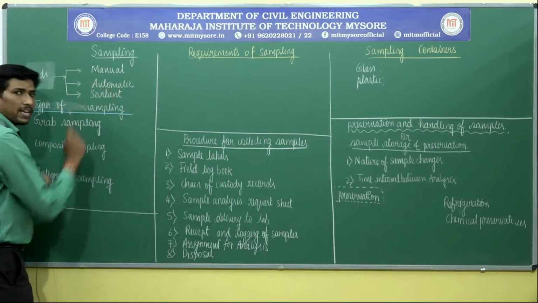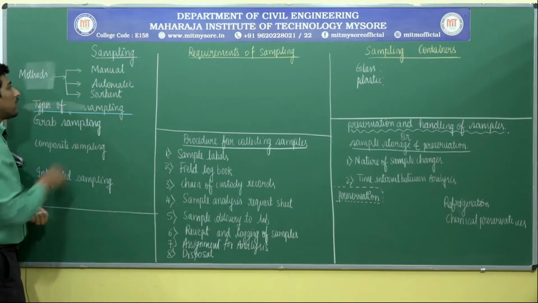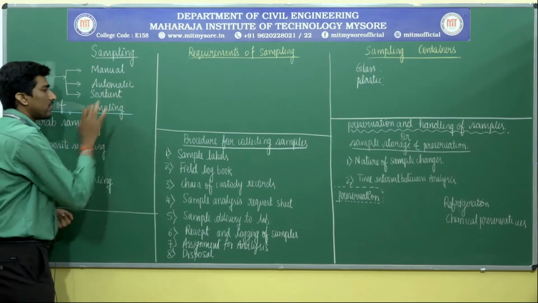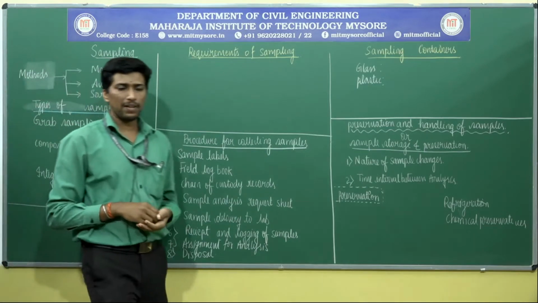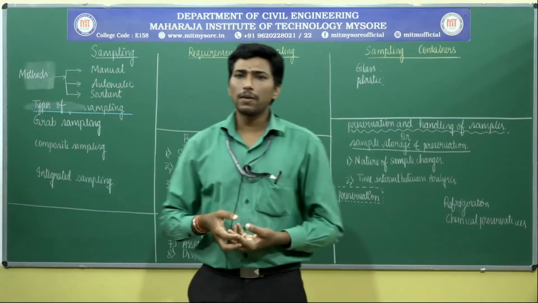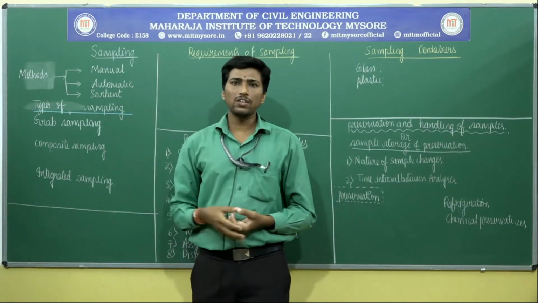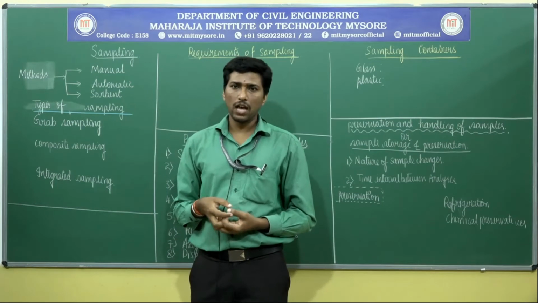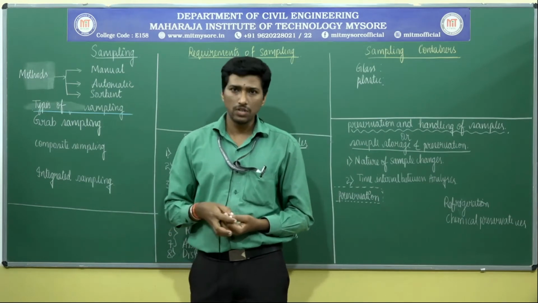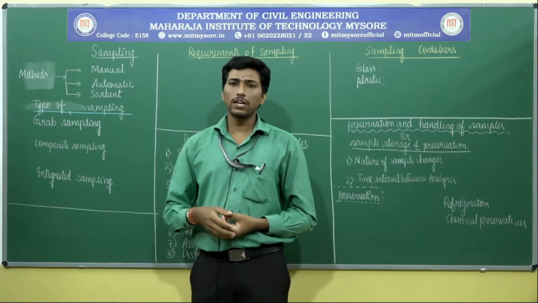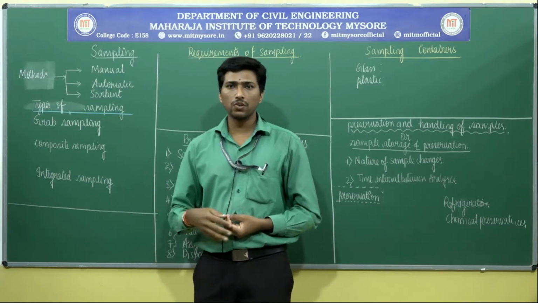The first one is manual sampling, the second is automated sampling, the third is sorbent type sampling. The term manual sampling mainly refers to the collection of samples at a place, which may be a waste stream, an industrial waste, streams, rivers or a lake.